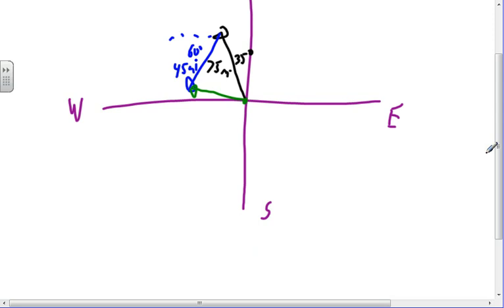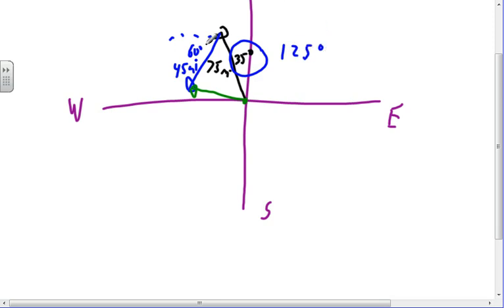Now what am I in? I'm in polar mode on my calculator. So I'm going to calculate what these are. This 35 degrees is really 125 degrees, right?